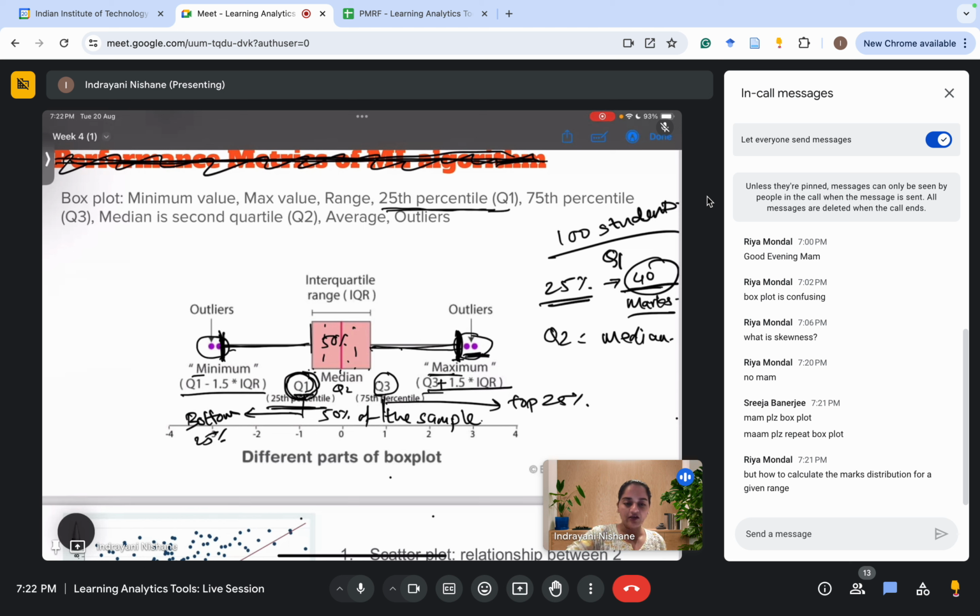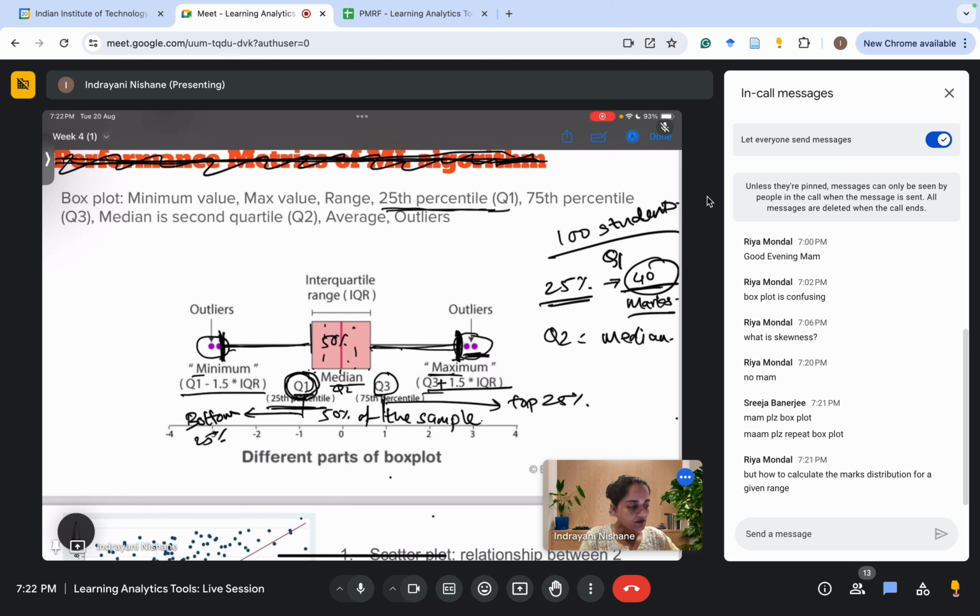In the same way, when marks are arranged in ascending order, the marks scored by the next 25 students become our median value or Q2, the second quartile, and so on.